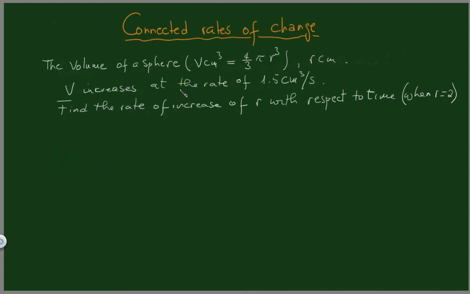They say that V increases at the rate of 1.5 cubic centimeters per second. So we need to find the rate of increase of r with respect to time when r equals 2.